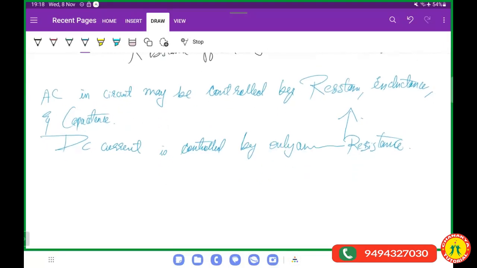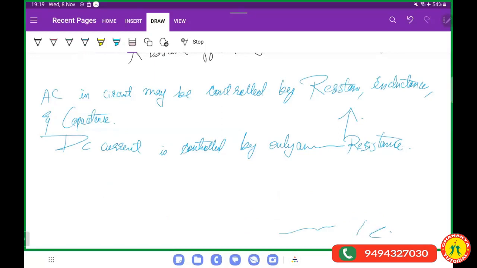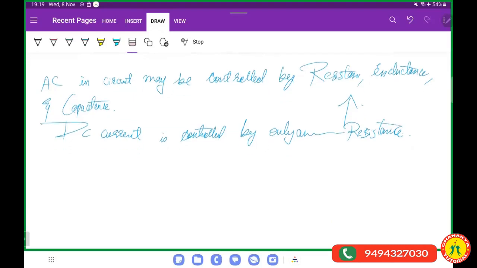Remember the question I'll ask: why are this capacitor and inductor not working on DC? I'll give you the explanation only, but I'll not say that this is the explanation of DC and AC; you have to identify that.